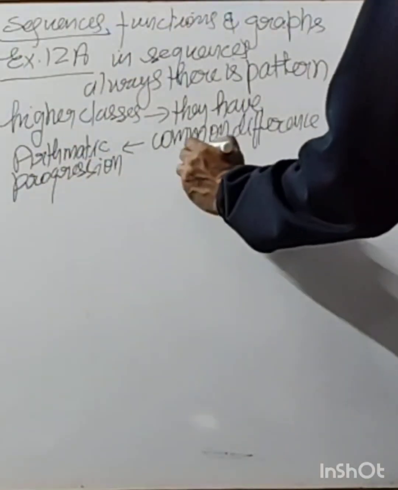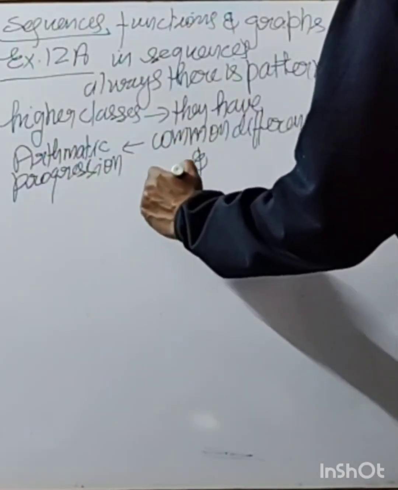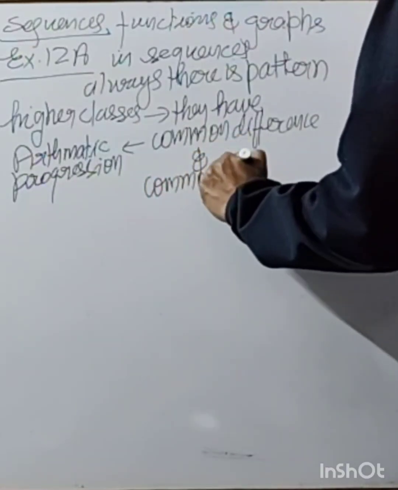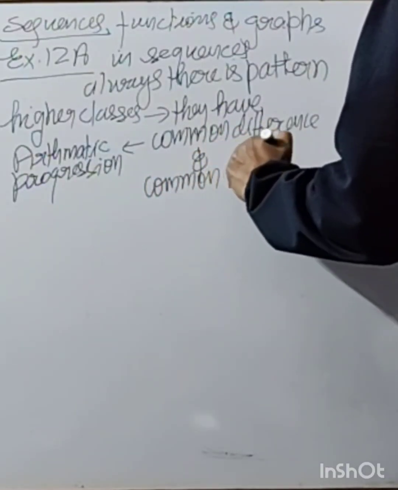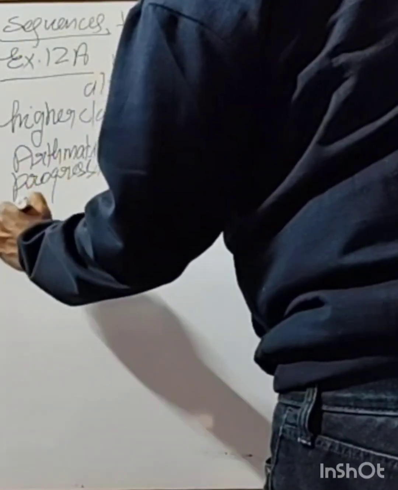And with a common ratio, we say it is a geometric progression.